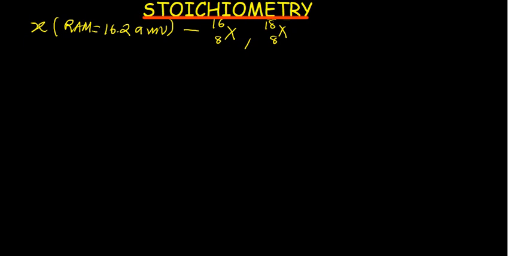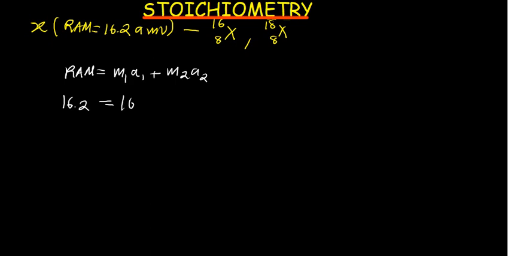Remember, how do we find the relative atomic mass? It is the first mass times the abundance plus the second mass times the abundance. The relative atomic mass we've already been given, that is 16.2 atomic mass units, and that is going to be equal to the mass of the first isotope, that is 16.